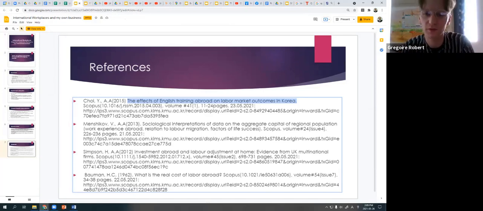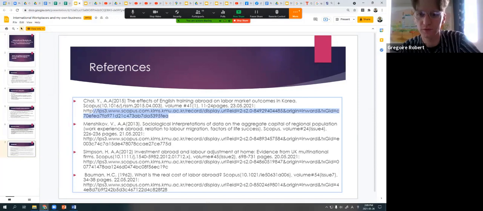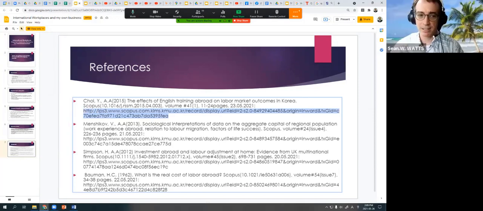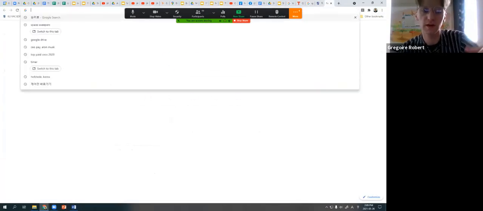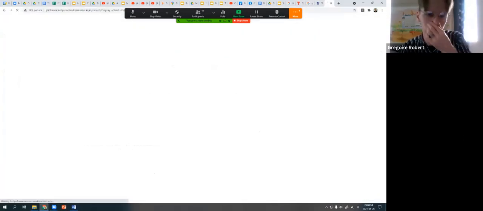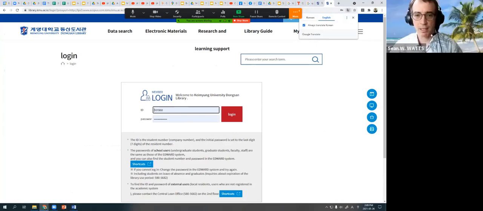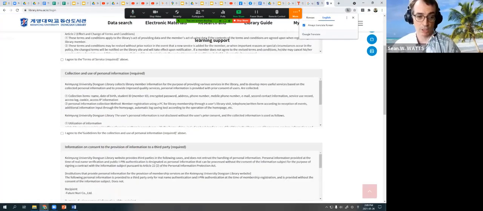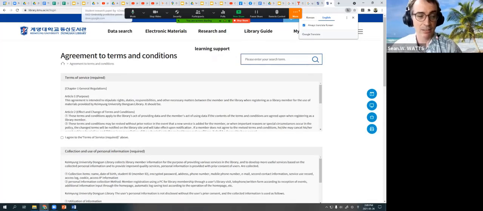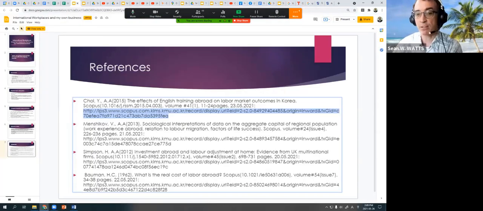Well, here's the link to it. If we try this, we need to log in, and we don't get it. It doesn't work. So we have a link here, but this link isn't working for us.